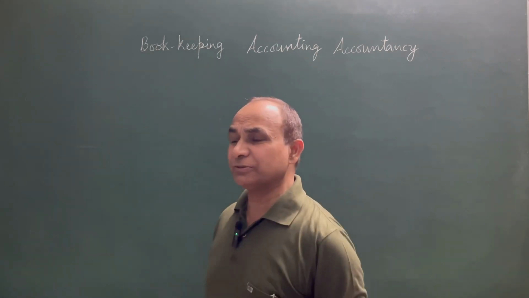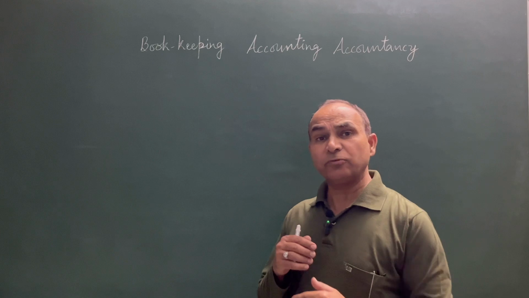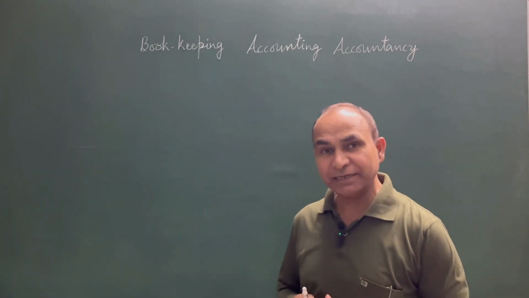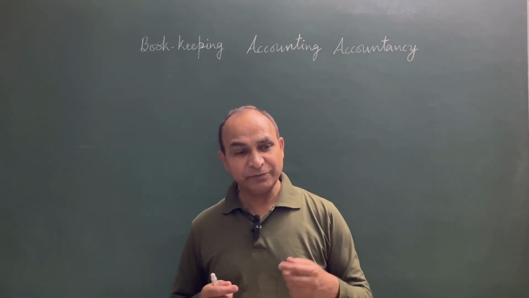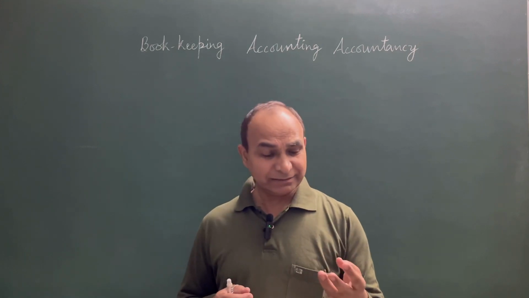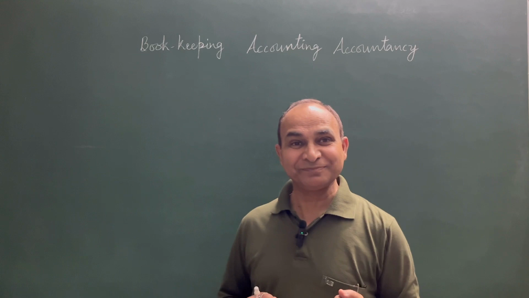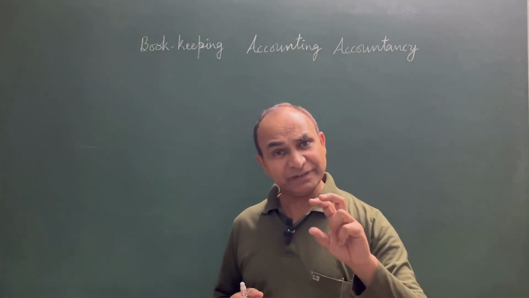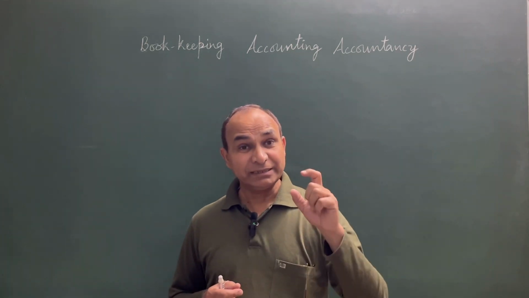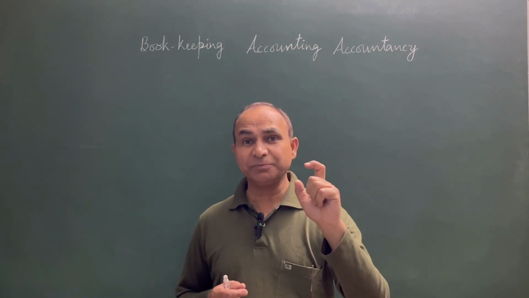So friends, you must know that there is an accounting process. In that accounting process, we discuss identification of financial transaction, their measurement in financial terms, then recording of transaction in the books of accounts.